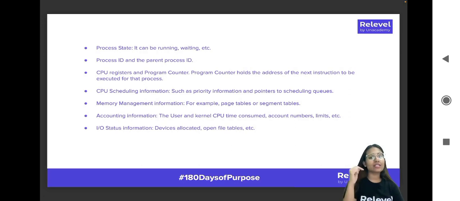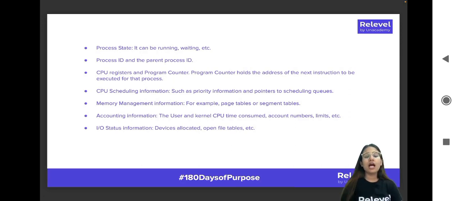So whenever you are executing an instruction, you also need to know where the next instruction is stored. So the program counter stores the address of the next instruction which needs to be executed after the current instruction.